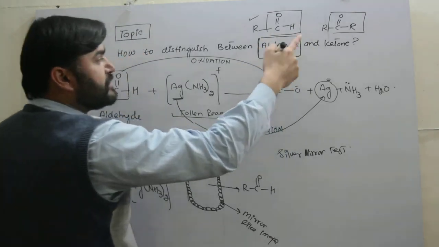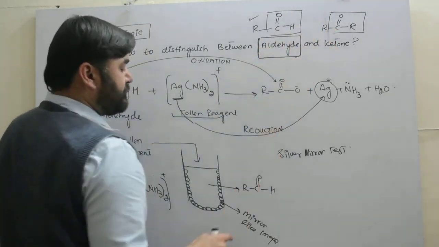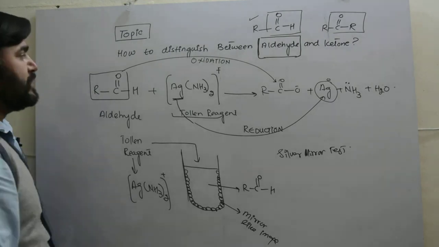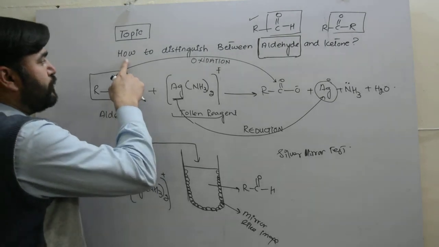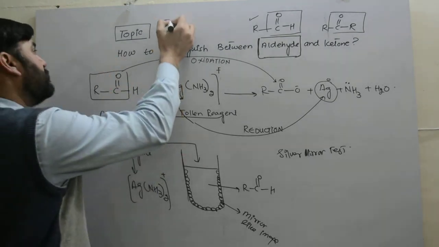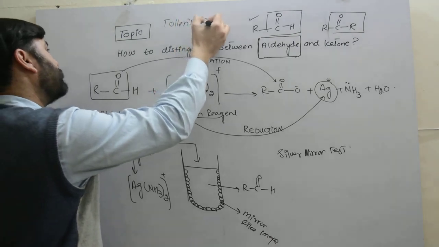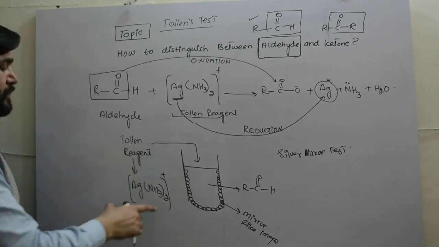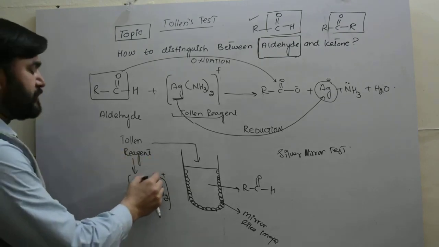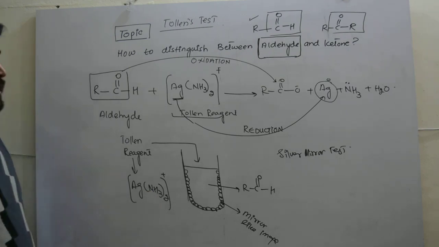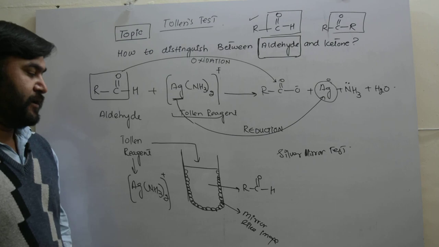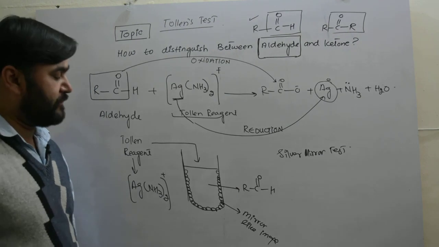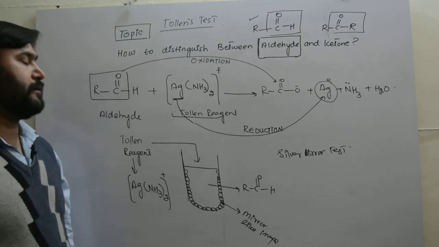These can be distinguished easily from the formula, but whenever both are present in the form of a solution, you cannot distinguish. For that distinction, we can use this test. The name of this test is Tollens' test, and the reagent is Ag(NH3)2 in the form of +1, a complex coordinate compound. This reaction will distinguish aldehyde from ketone because it will form a silver mirror, because you can see your face on that inner surface. That's why it is called a mirror-like image.